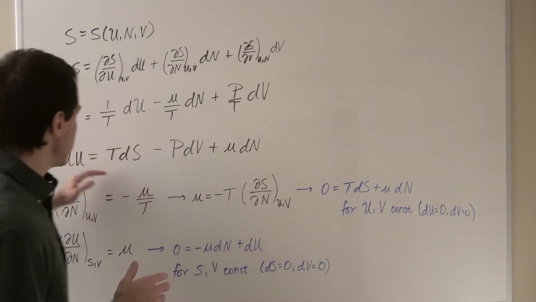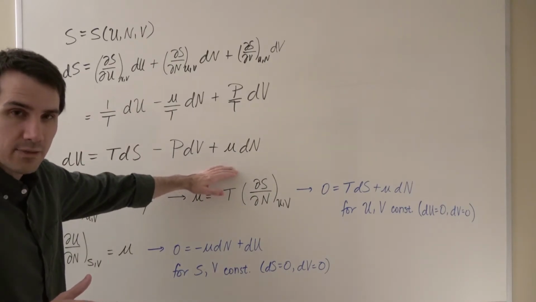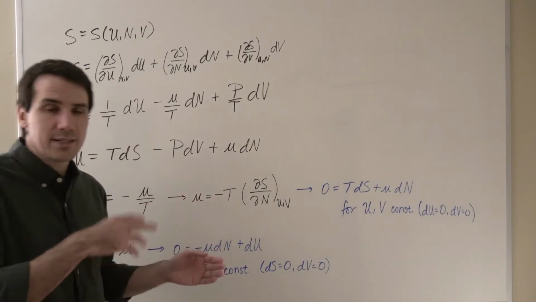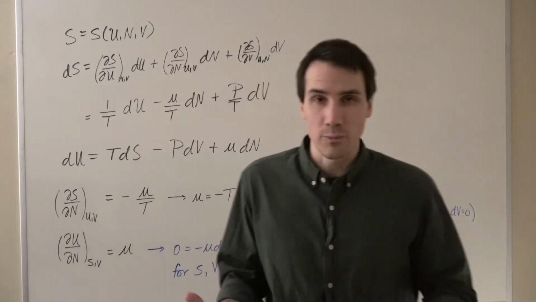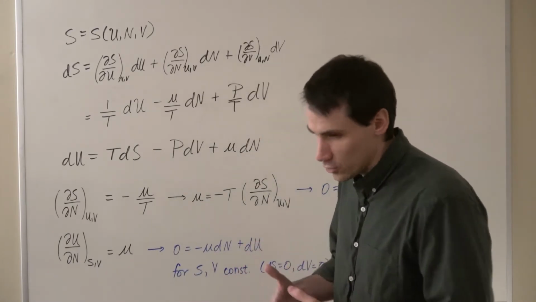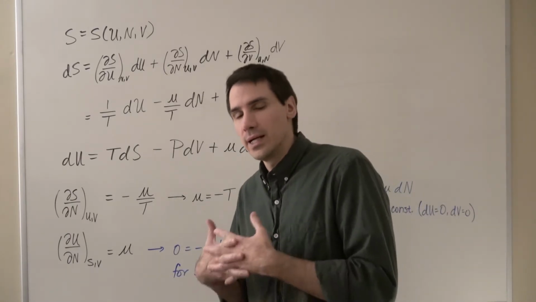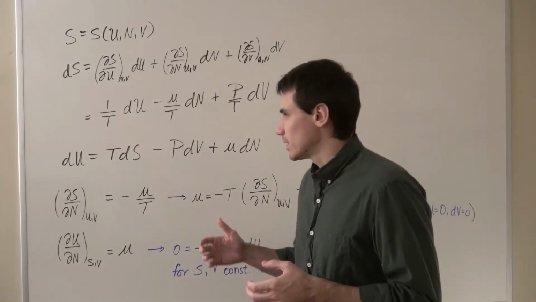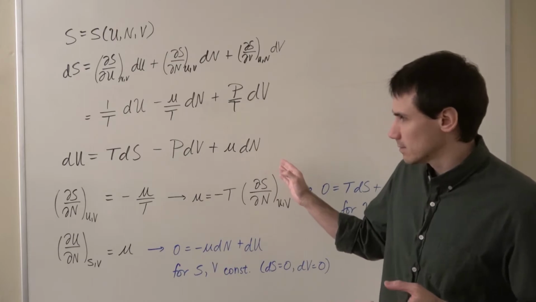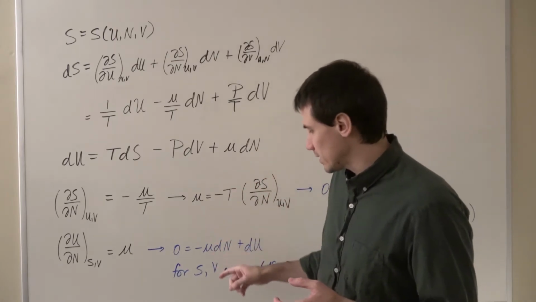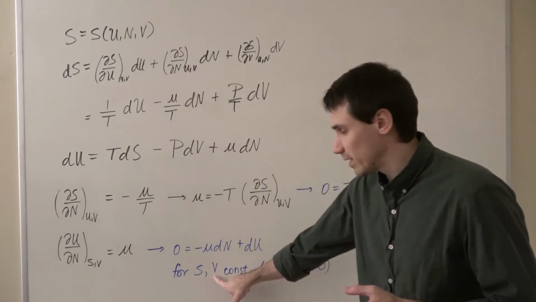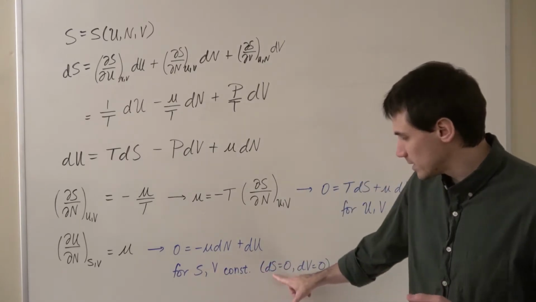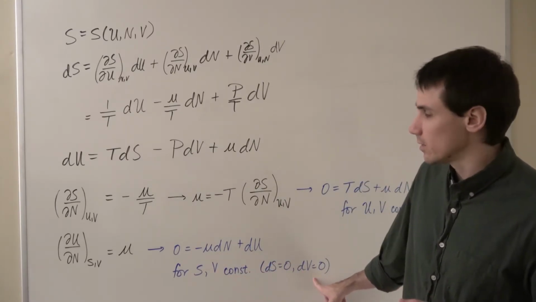But we can use this differential here in order to find a different equation for mu in terms of the energy U and the number of particles. So instead of holding U and V constant, we can instead hold entropy and volume constant, which means that dS is 0 and dV is 0.